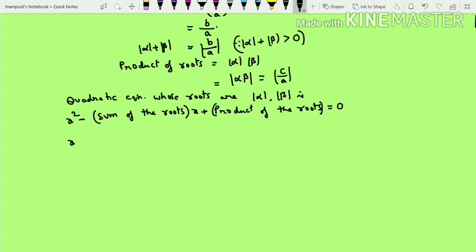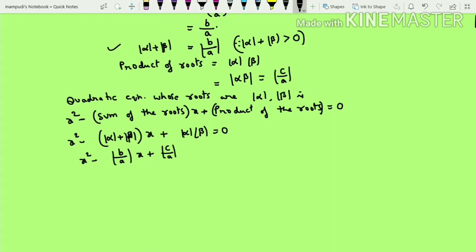So x square minus the sum of roots, mod alpha plus mod beta, which is modulus of b by a, into x plus the product of roots, mod alpha into mod beta, which is mod c by a, equal to 0.